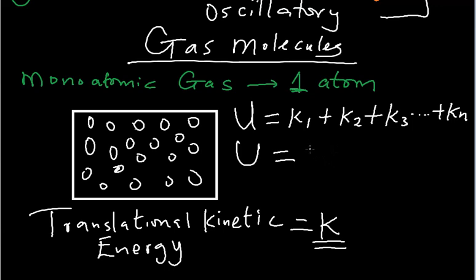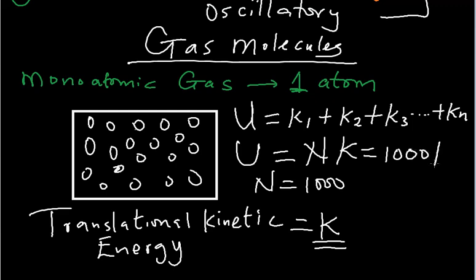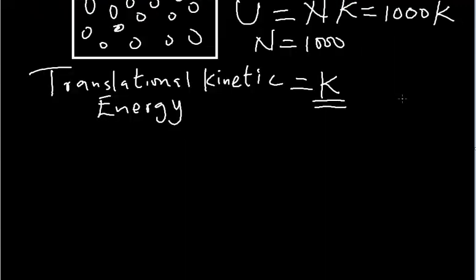So the number of molecules multiplied by the translational kinetic energy of one. Let's say you have 1,000 molecules. In that case, you're going to have 1,000 multiplied by the translational kinetic energy of one. I hope that is well understood.